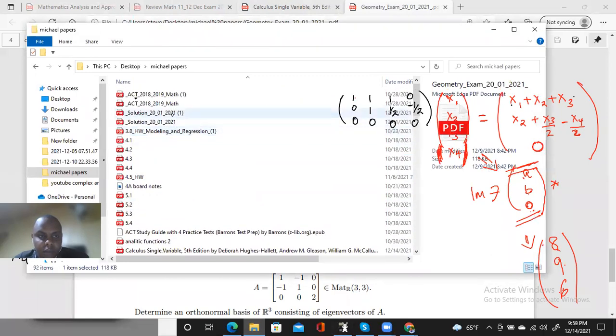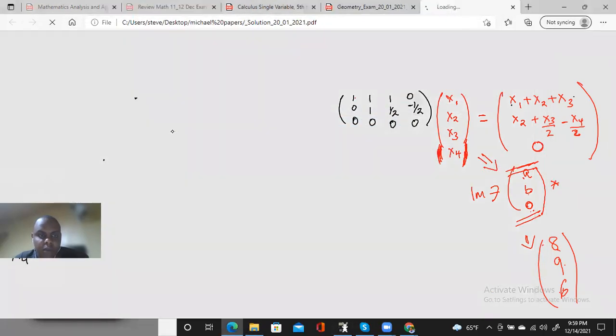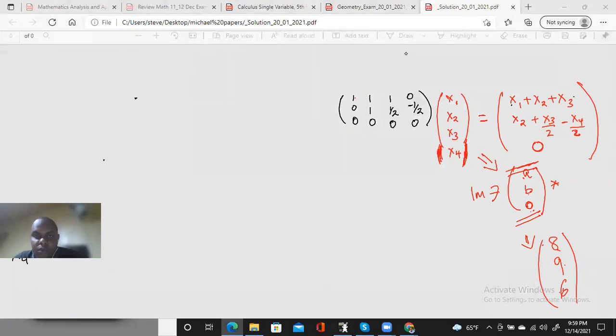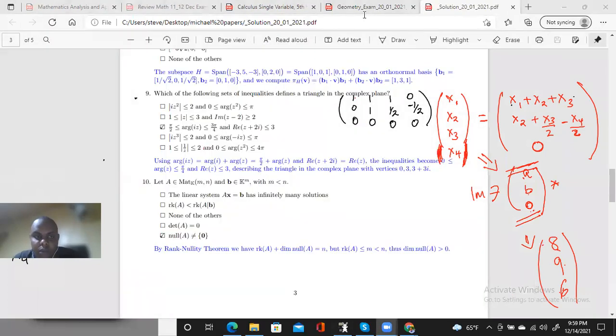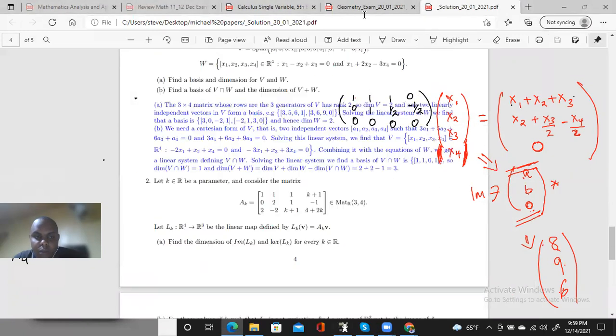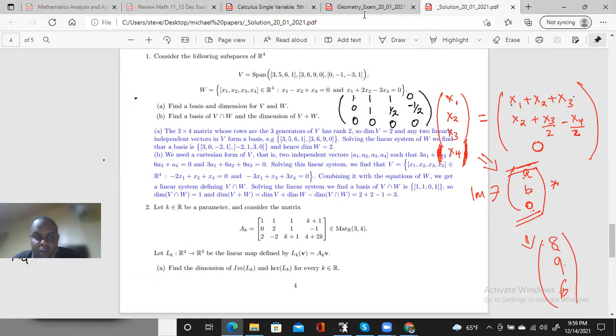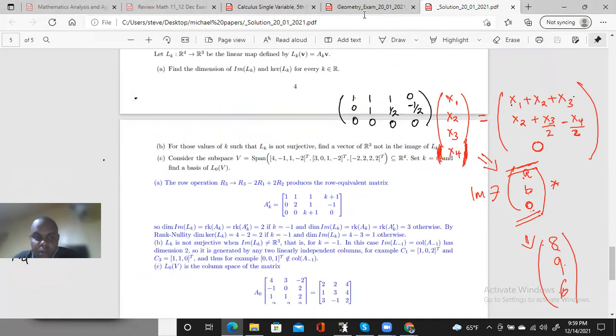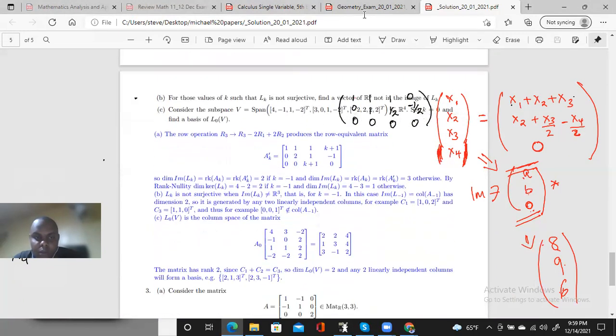In this case, the image of L -1 equals the column space of A -1, which has dimension 2. So it is generated by any two linearly independent columns, for example, C1 equals (1, 0, 2) transpose and C3 equals (1, 1, 0) transpose. And thus, for example, (0, 0, 1) transpose is not inside the column space of A -1.